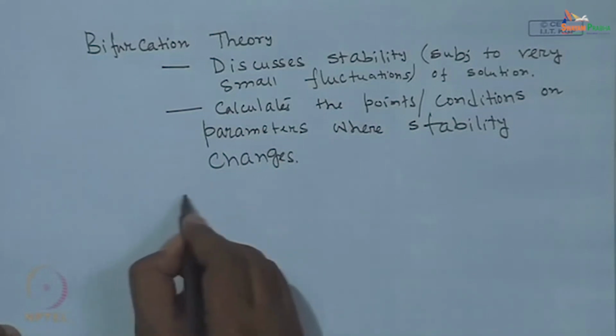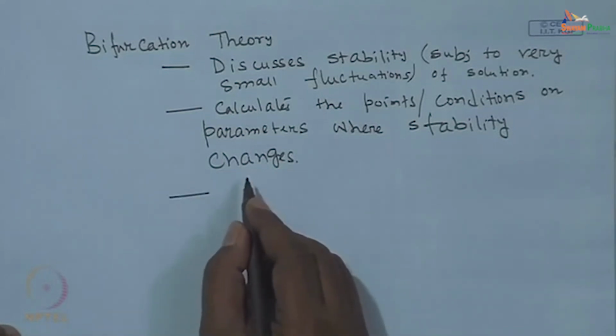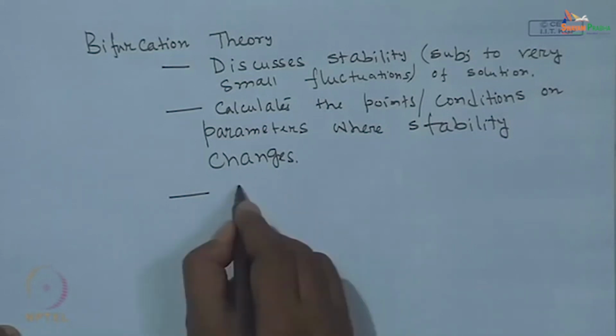One also gets a boundary of the unstable region or stable region.